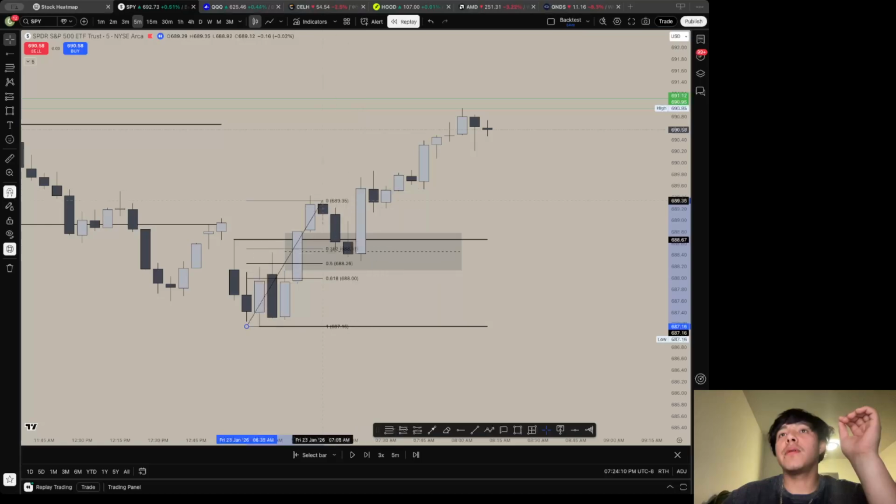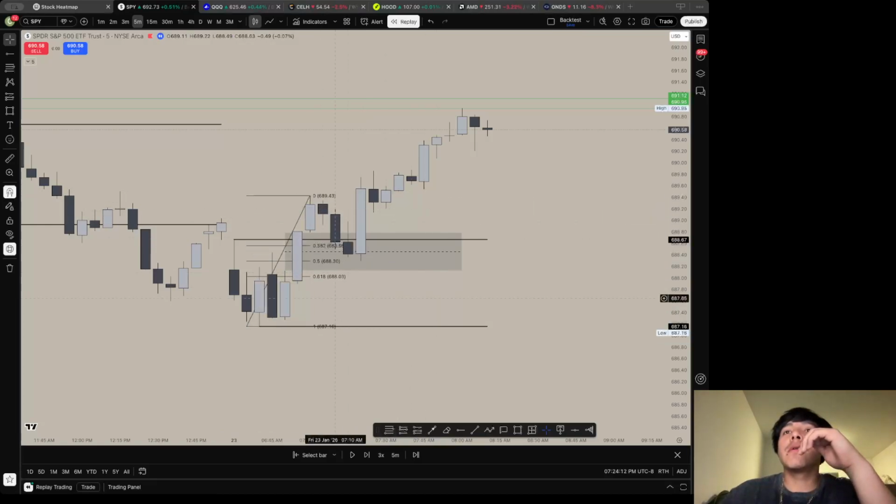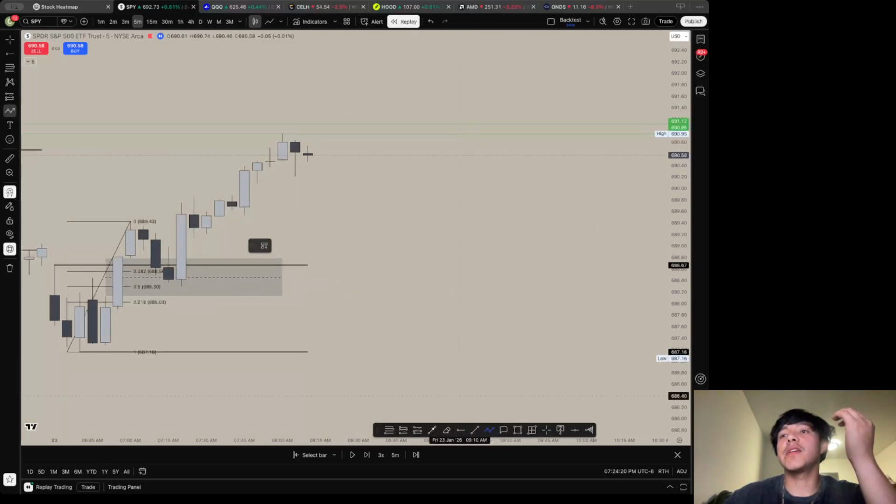So the fib, all it does is tell you where price is most likely to come back and retrace to after a move, because obviously price can't just keep going up, up, up, right? It isn't always going to go up without making any significant retracement.